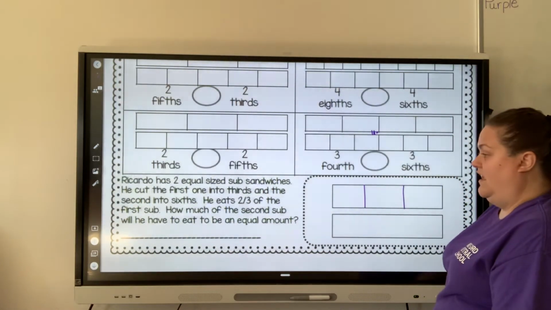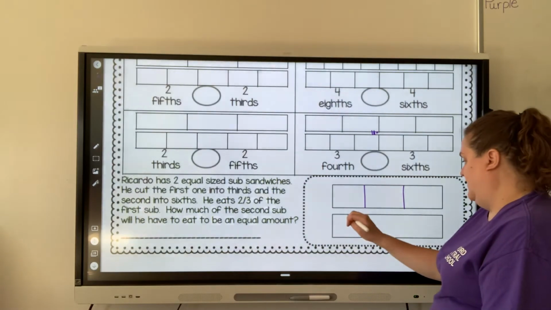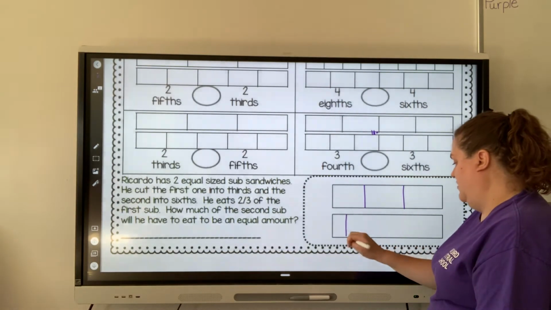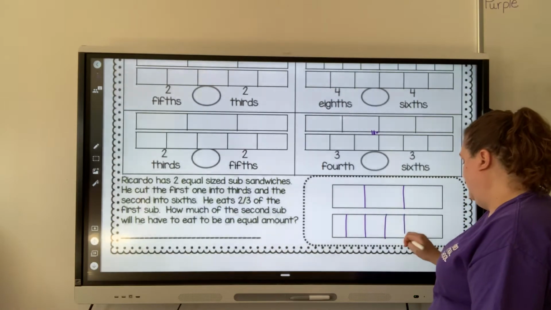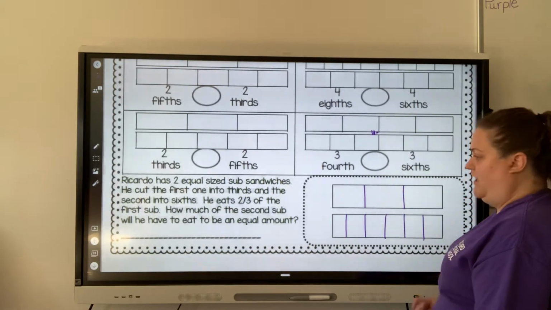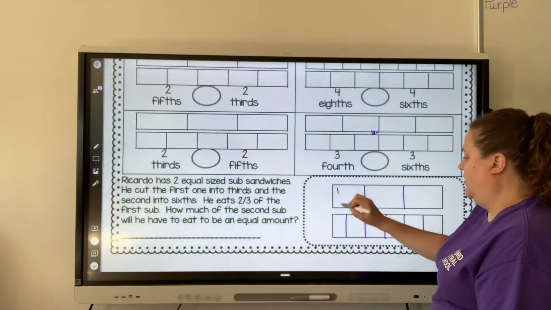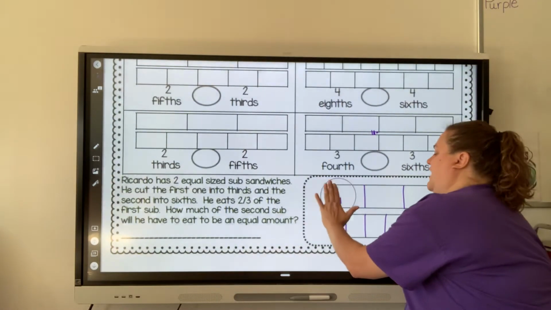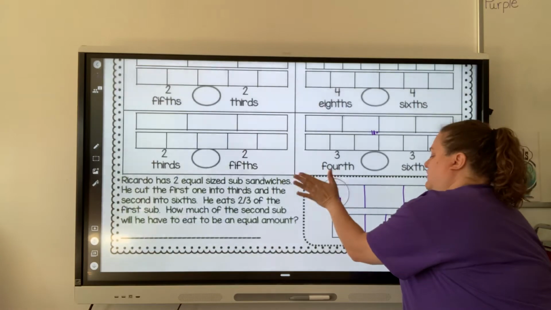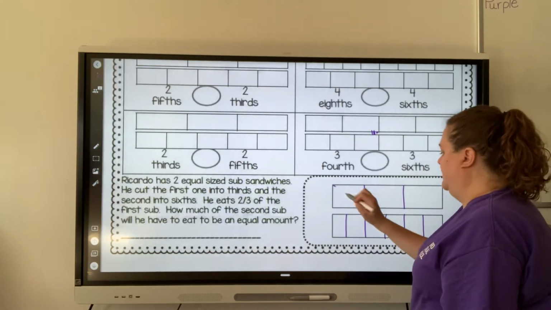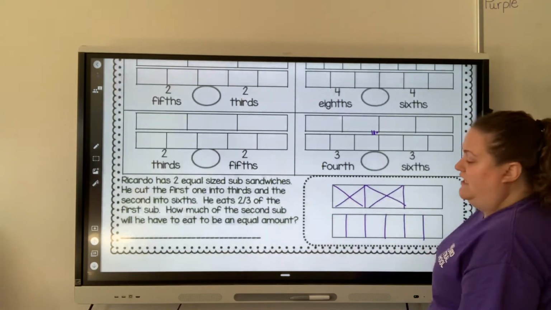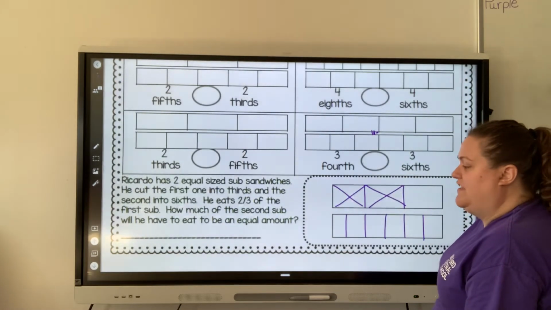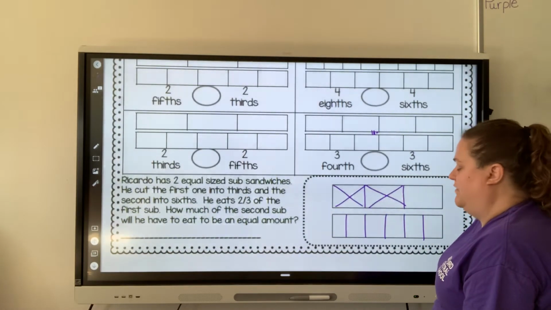And the second one into sixths, so 1, 2, 3, 4, 5, and that will give you 6. He eats 2/3 of the first sub. So he eats that much.